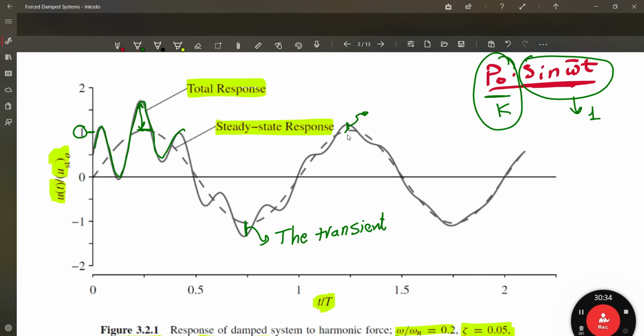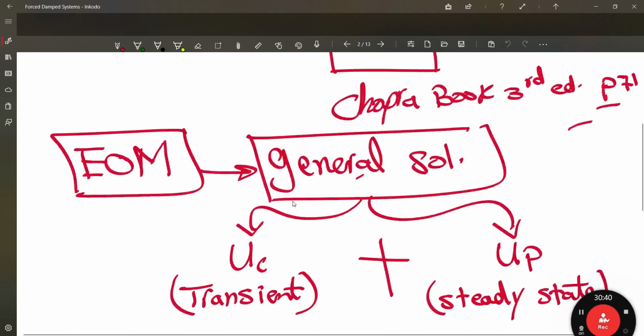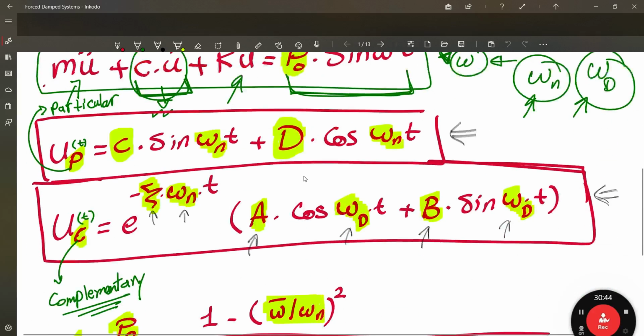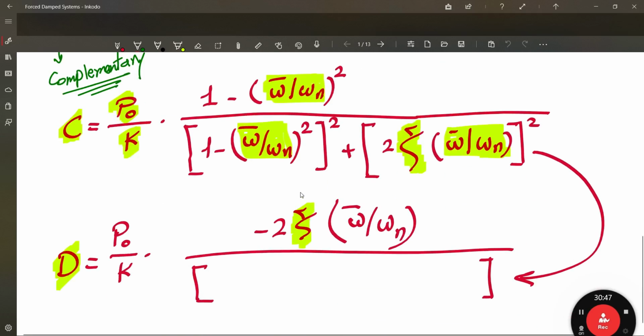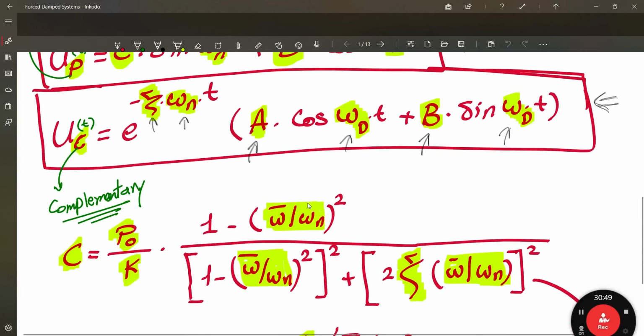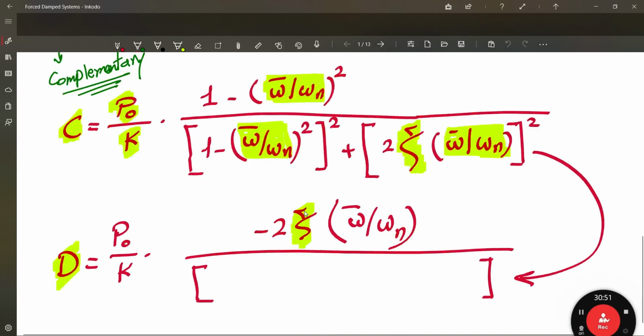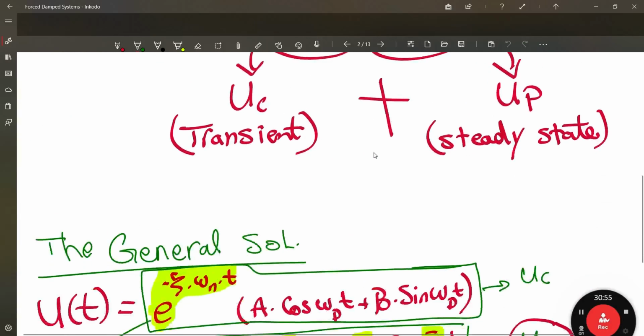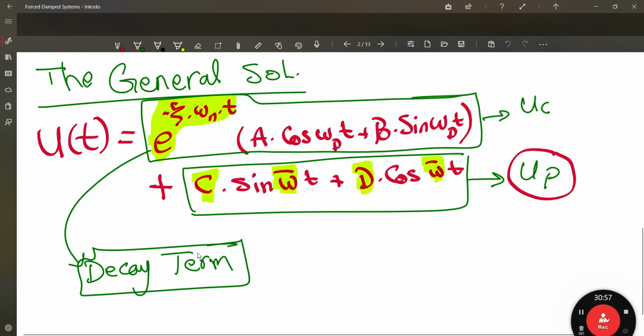Okay, if we go back to our equation, as we said, we have our transient here. This is the decay term, the first term, as you can see.